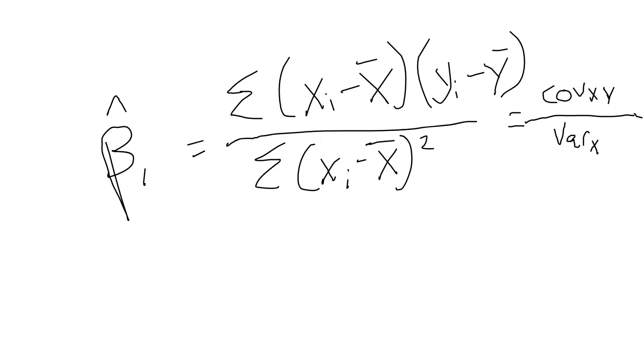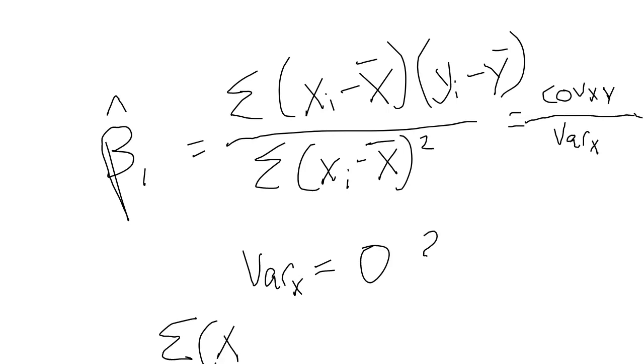Well, you can think about when will the variance of x equal 0, or when will the sum of squares of x equal 0. And basically that will happen when all x's are the same, right?